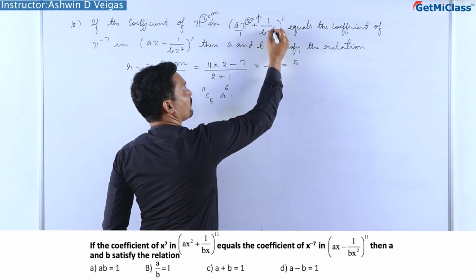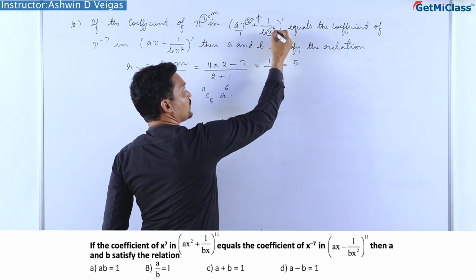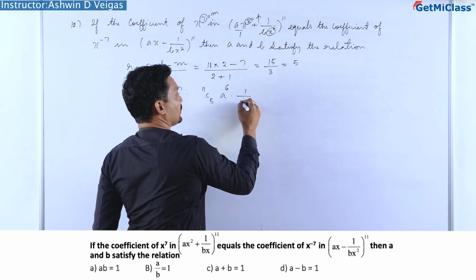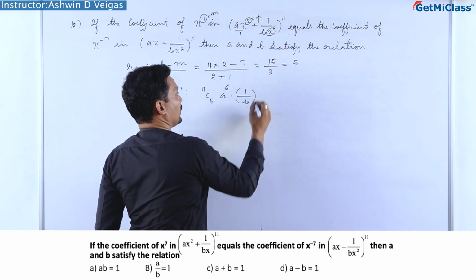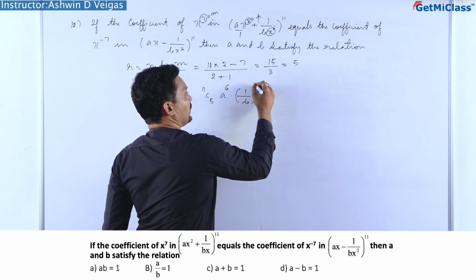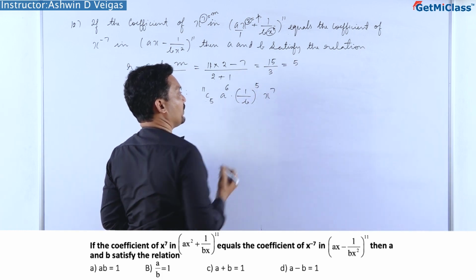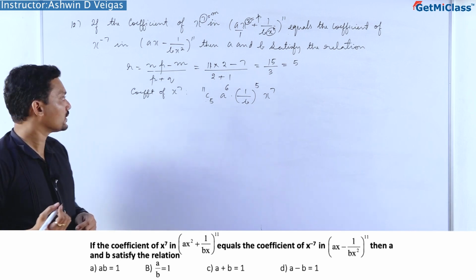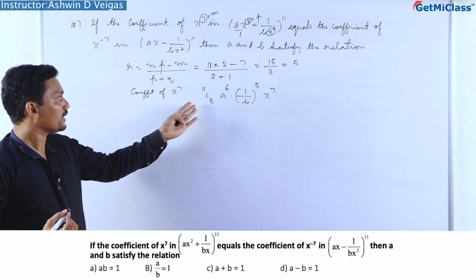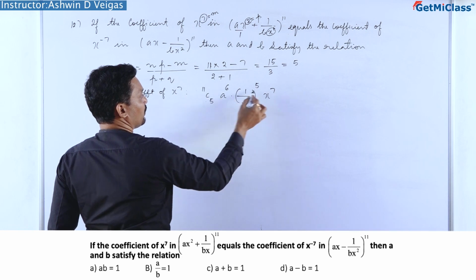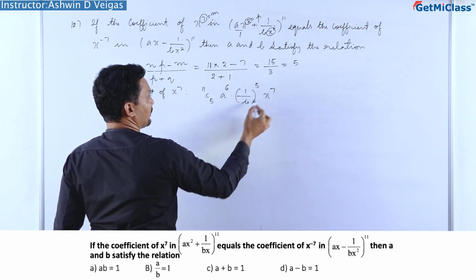So this is 1 by b, and here you have to write R directly. This is the term containing x^7.